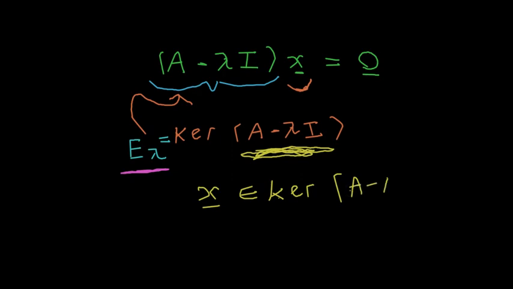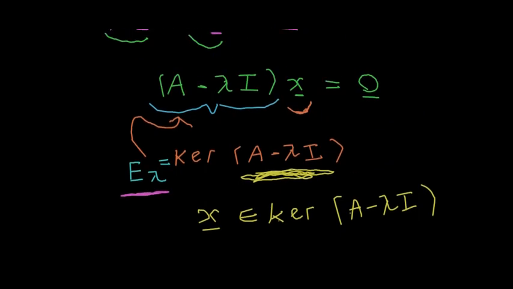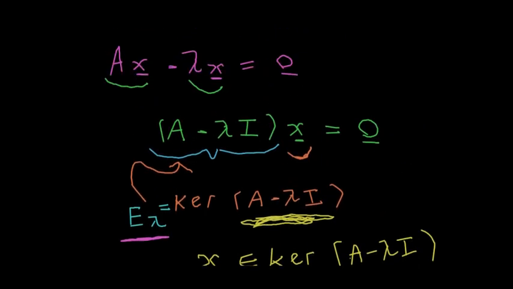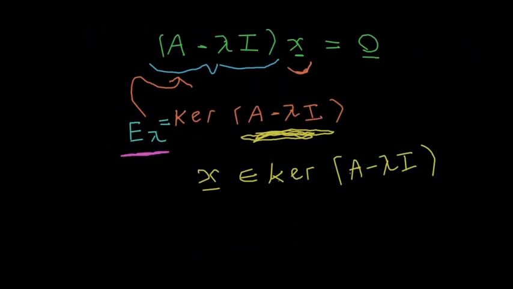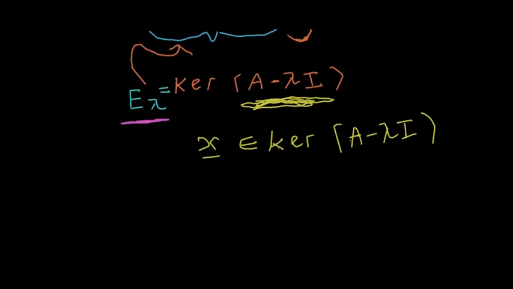So what we're really interested in is the lambda for which there exist vectors in the kernel of this matrix here. Because if that's true, these vectors will get mapped to 0 under its action, and then, of course, they turn out to be eigenvectors. So x belonging to the kernel of this matrix specifically means that it is an eigenvector.